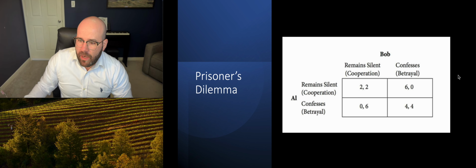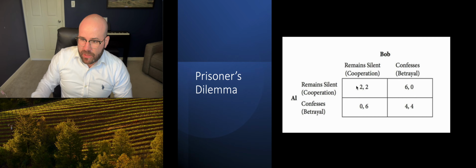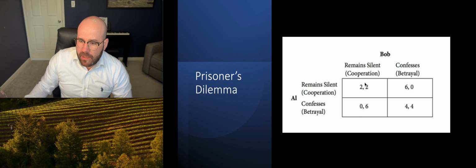So here is the way that Bob and Al have choices. They can either remain silent or they can confess. My apologies. Now, the two values that you see here represent the sentencing that Bob or Al will receive.